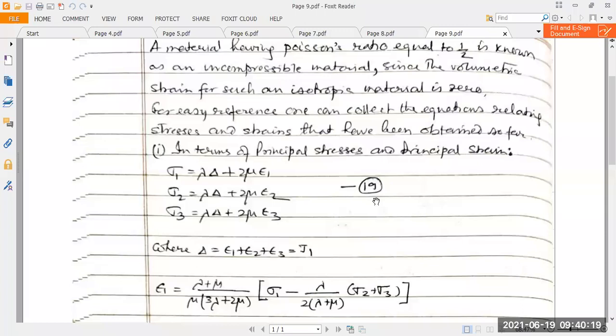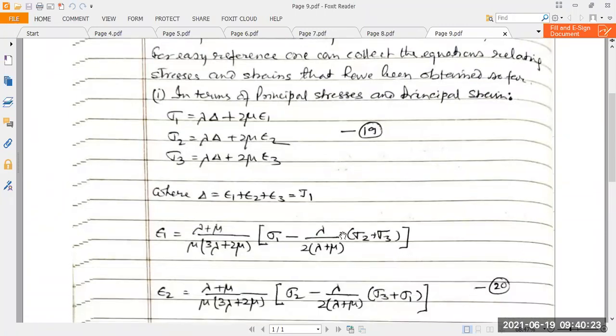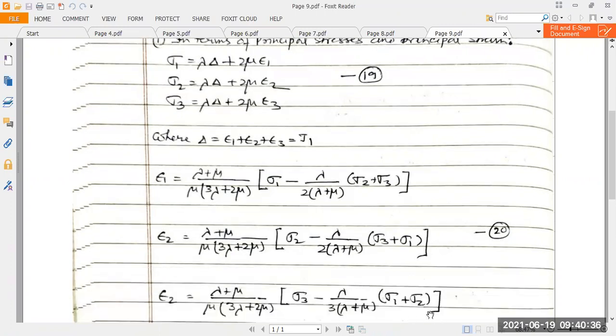Thus, epsilon 1 is equal to this formula, and epsilon 2 is equal to this formula we have discussed earlier, and epsilon 3 becomes like this.